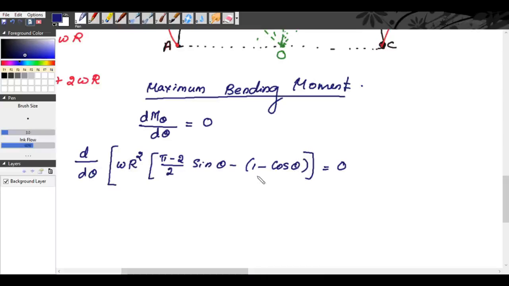So when you differentiate, WR square is constant.